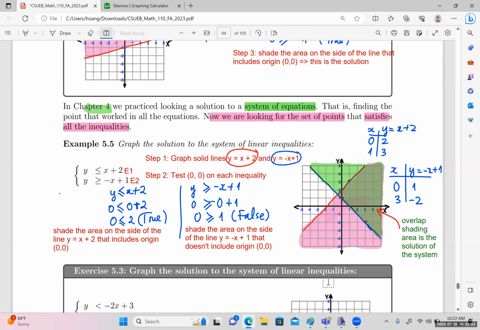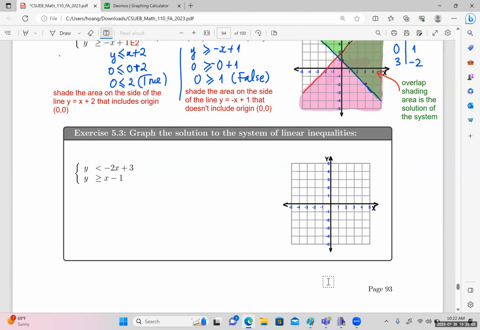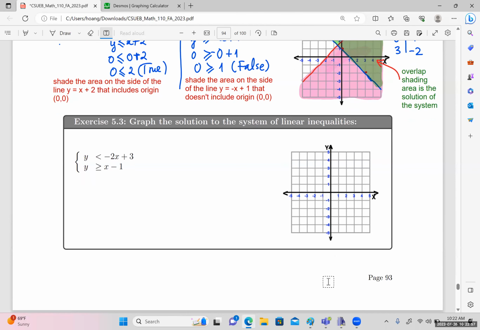Now I would like to go ahead and let you work on 5.3. Okay. And yeah, we can just go quick on that together if you want. So we start with graphing two lines, right?